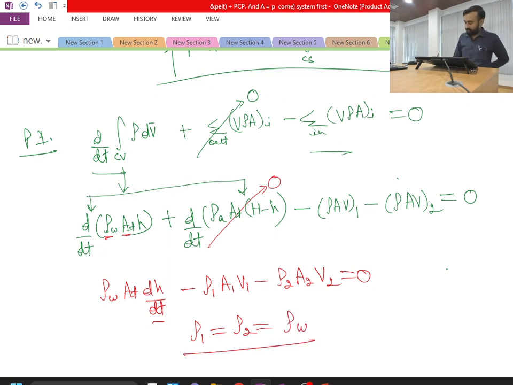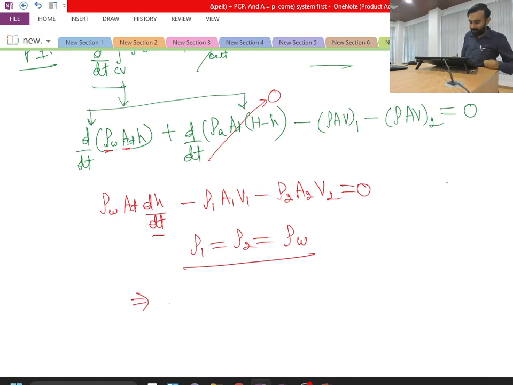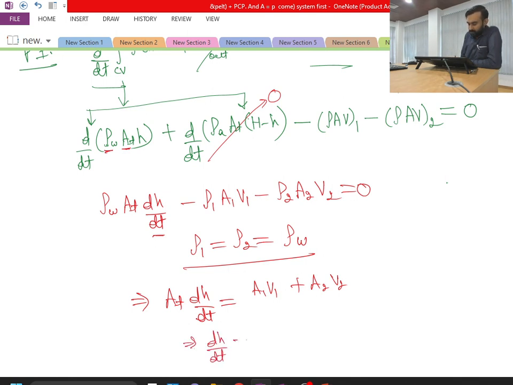Okay, so if density is same, then ultimately I will be getting At times dH by dt is nothing but equal to A1 V1 plus A2 V2. What is A1 V1 plus A2 V2? So this implies dH by dt. If I say Q as the volumetric flow rate, then I can write this as Q1 plus Q2 by At.